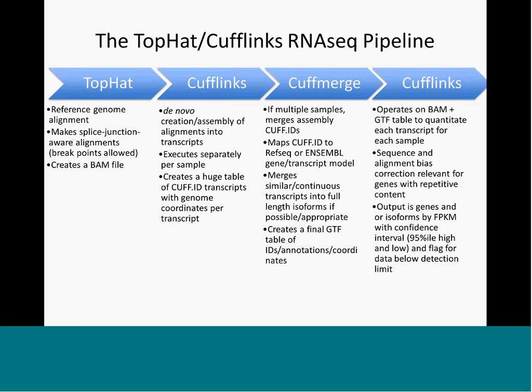Okay, and this is just a summary of the TopHat Cufflinks pipeline and how it starts from known transcripts and after going through genome alignments, it goes through this process where it creates a final GTF. It's a mix of both known models and de novo forms that are found.